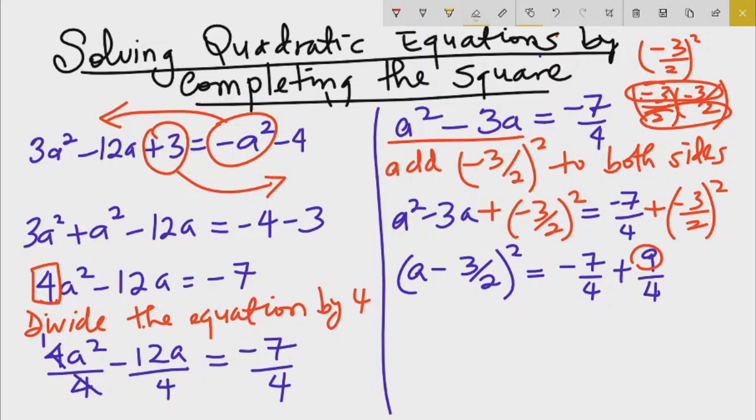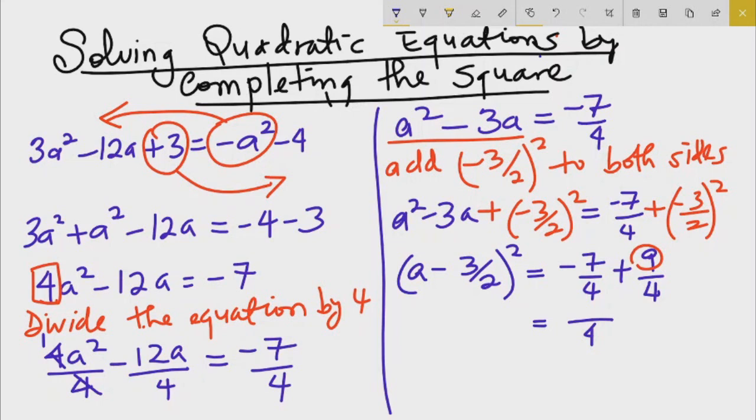So that's how to handle the square of a fraction. Since they have the same common denominator, which is 4, it will be -7 + 9. So 9 - 7 is positive 2. Positive 2 over 4 becomes 1/2. Our equation reduces to (a - 3/2)² = 1/2.